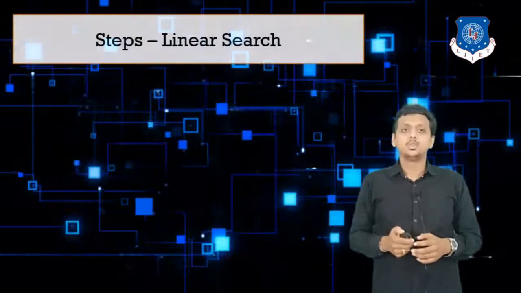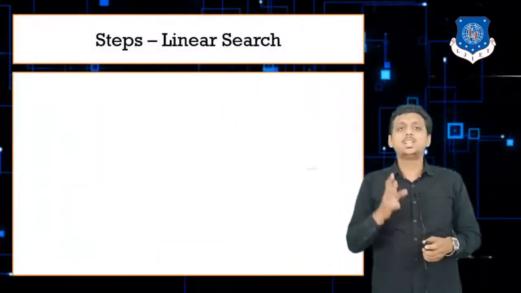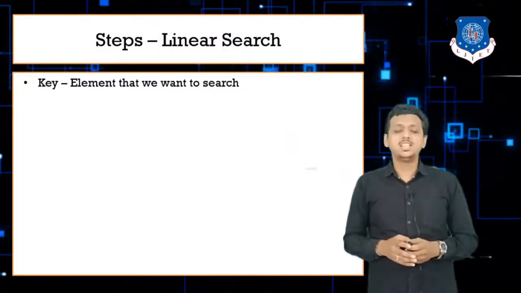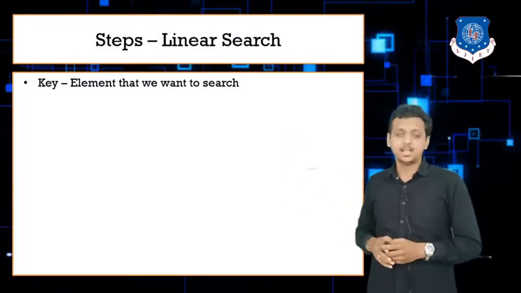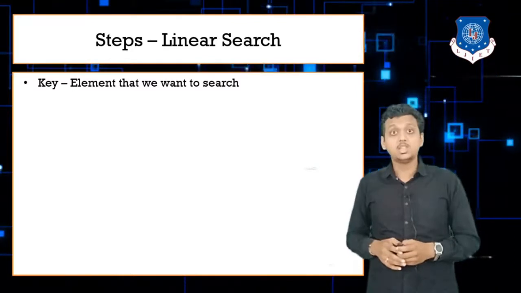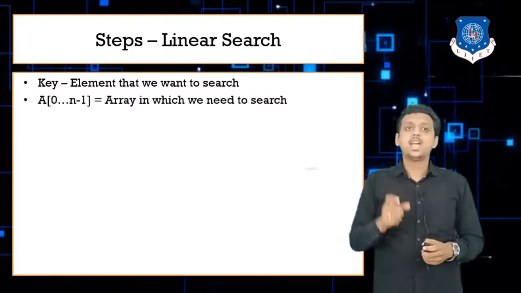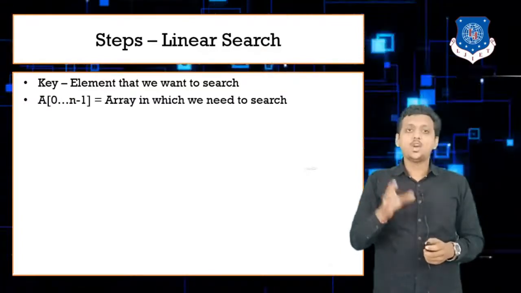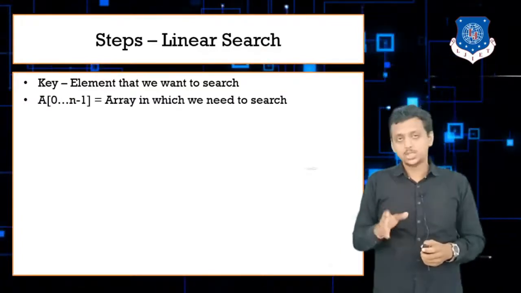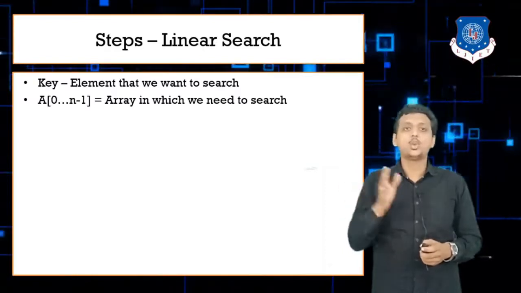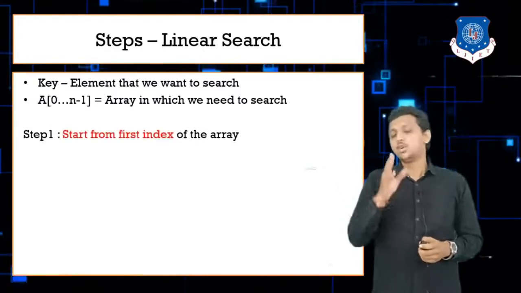Here are the first steps of the linear search methodology. In linear search, we have the key element. Key is a variable which contains the element that we need to search for. Next, we have an array from 0 to n minus 1, since the array index starts from 0.